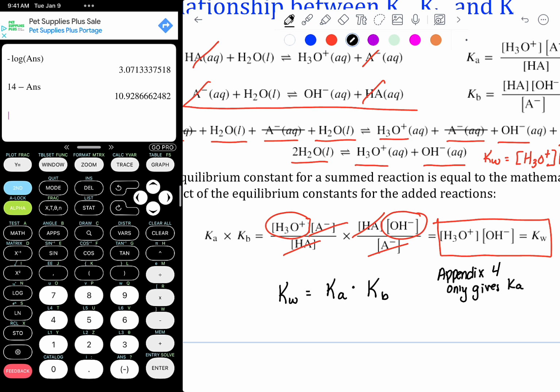It does not give you a Kb. So if you went to Appendix 4 to find a Kb value, you would not find it. You could find it by taking the Ka from Appendix 4 and using it with Kw, which we know is 1.0 times 10 to the minus 14. So you could just solve for Ka or Kb, depending on which one you need.